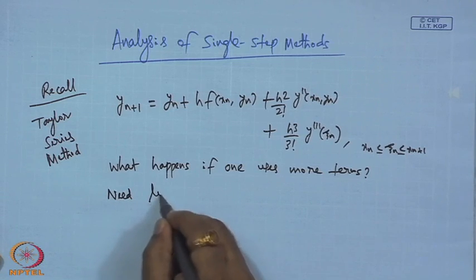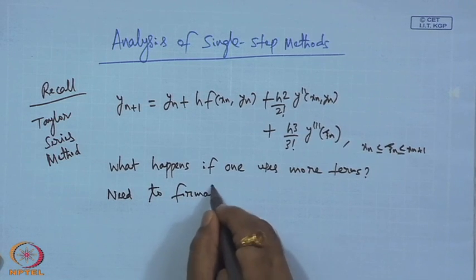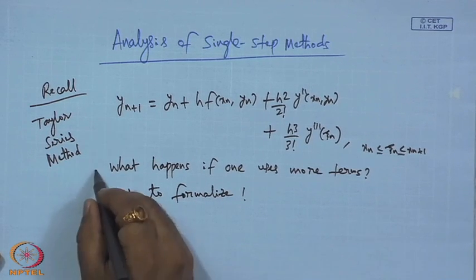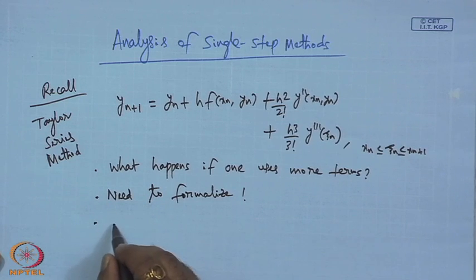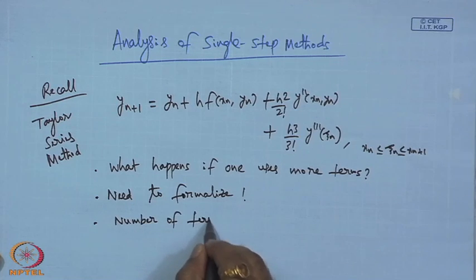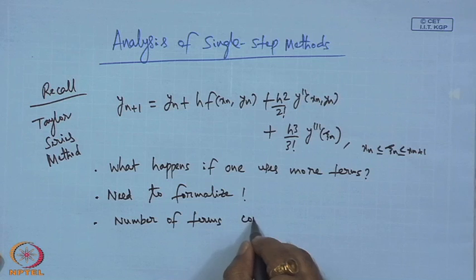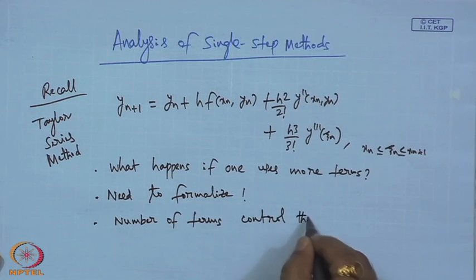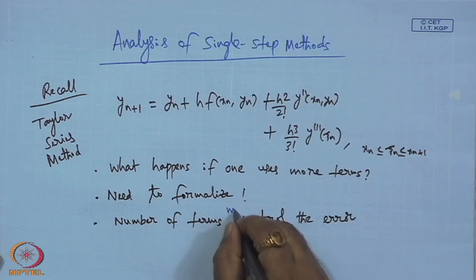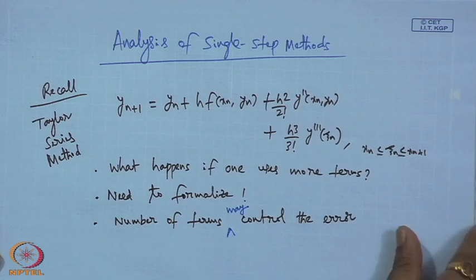Okay. So we need to formalize this. One intuition says the number of terms may control the error. So maybe we can formalize this.